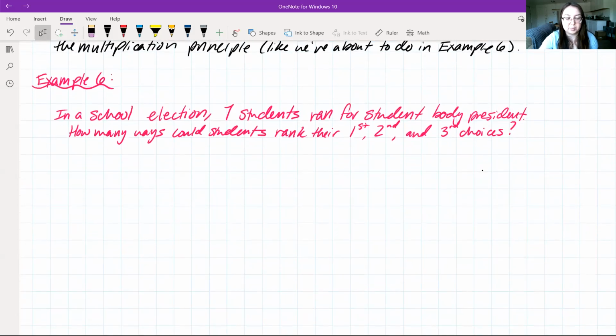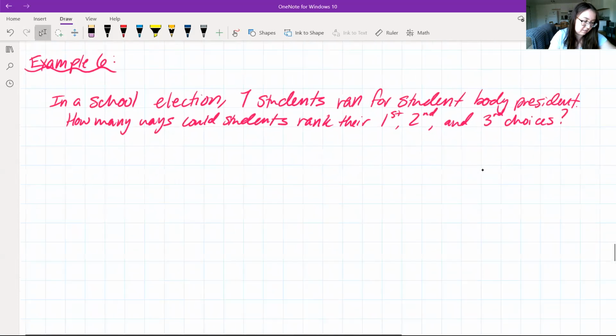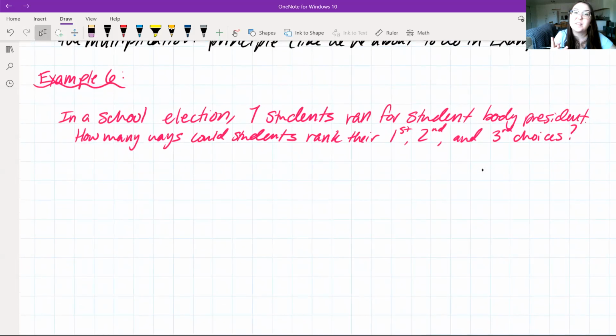So we see here in example 6, in a school election, 7 students ran for student body president. How many ways could students rank their first, second, and third choices? So if we're thinking about our first, second, and third choices here, we know that there's 7 options.